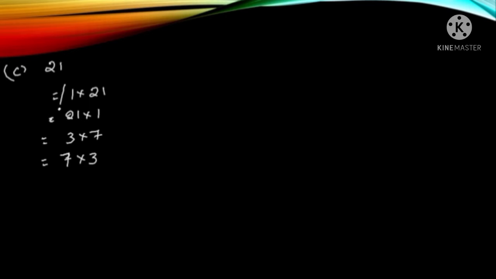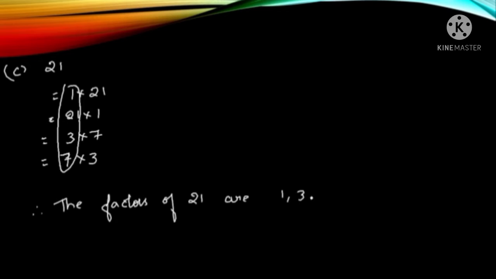So now let us list down the factors. Therefore the factors of 21 are 1, 3, 7, 21.